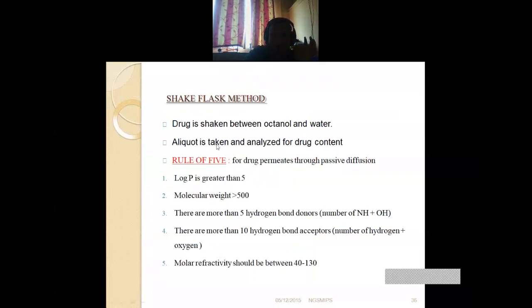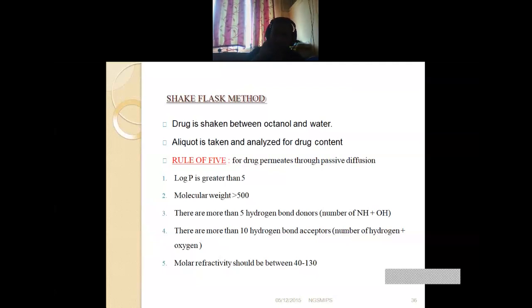The shake-flask method, I have already mentioned. So what do we do in the shake-flask method? The drug is shaken between octanol and water. We place the drug in octanol and water and shake.